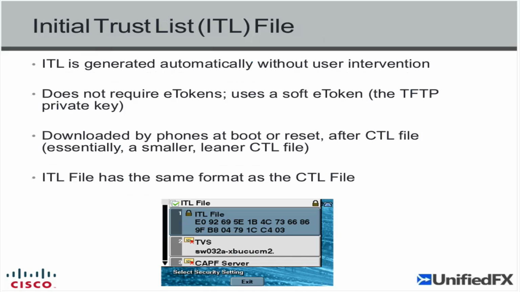As was also discussed in the first session, ITL is something which Cisco introduced because when you take a phone out of the box and just connect it to a call manager, the call manager does not know about the phone, and the phone doesn't know about the call manager or whether it should be trusting it. So at that point, what comes in handy is something which is secure by default.